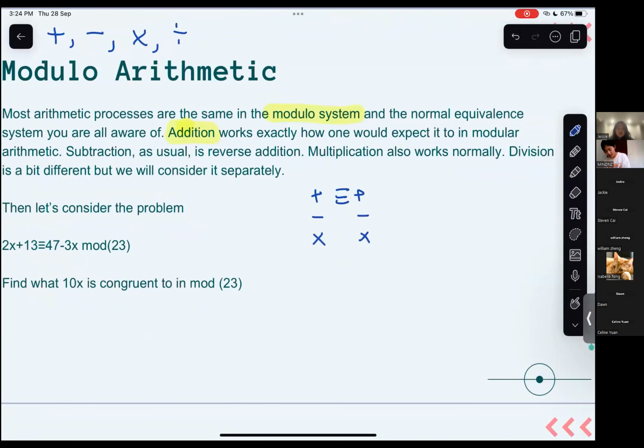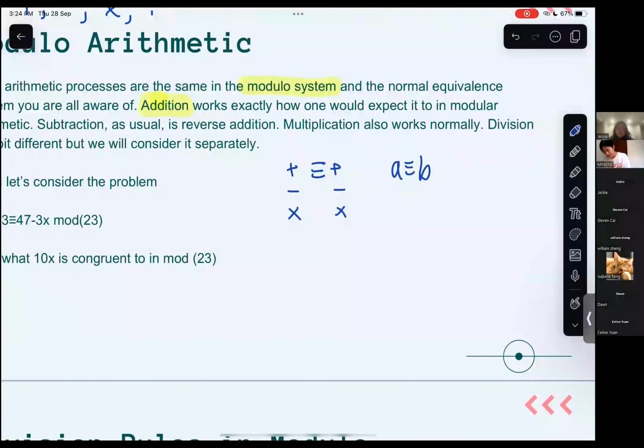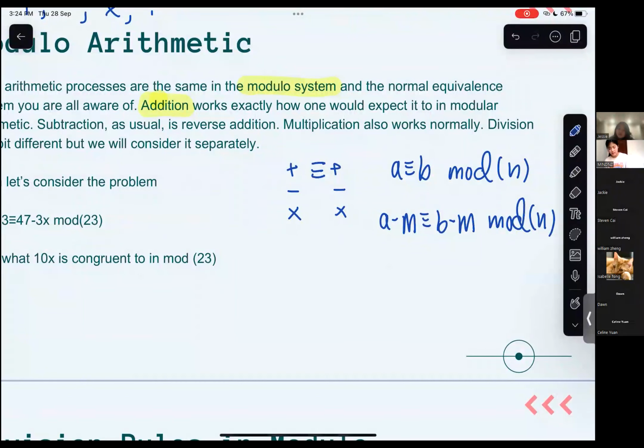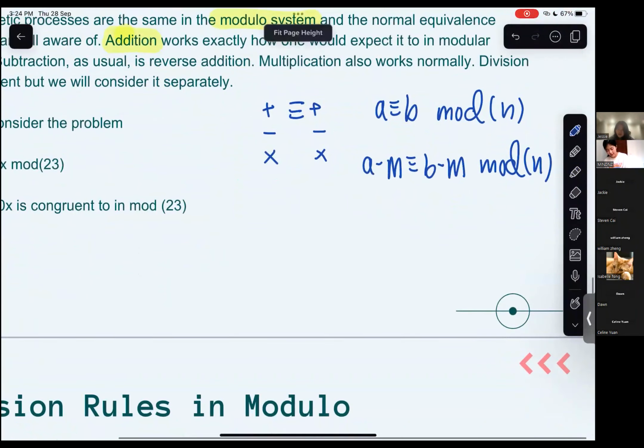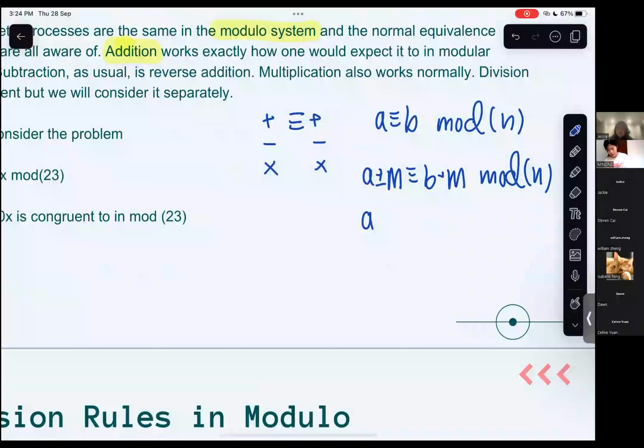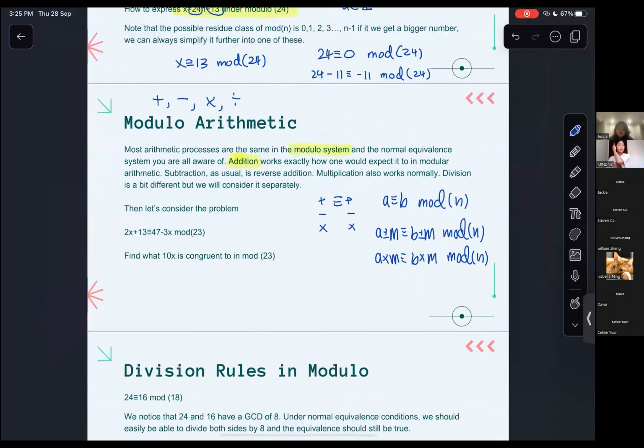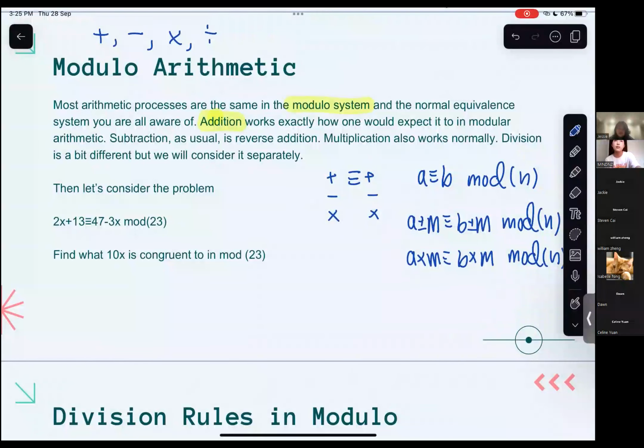So say we had a ≡ b mod m, and let's say we subtract m from both sides. This is still true, so we can subtract and it's still true. We can add, it's both true. We can times, it's still going to be true as long as we do the same to both sides, right? But it's a little bit different for division because it's not always going to be the same, and we'll talk about that a little bit later.